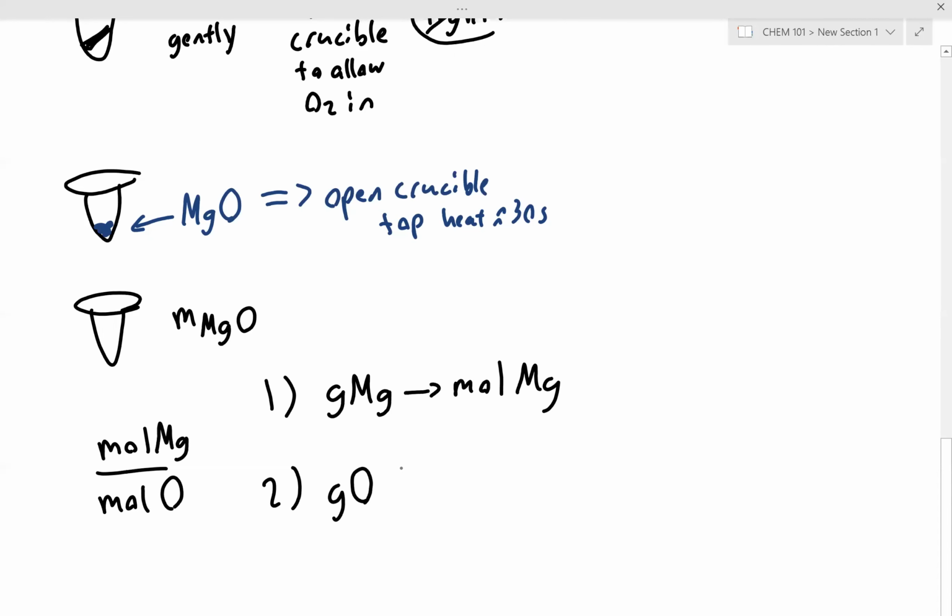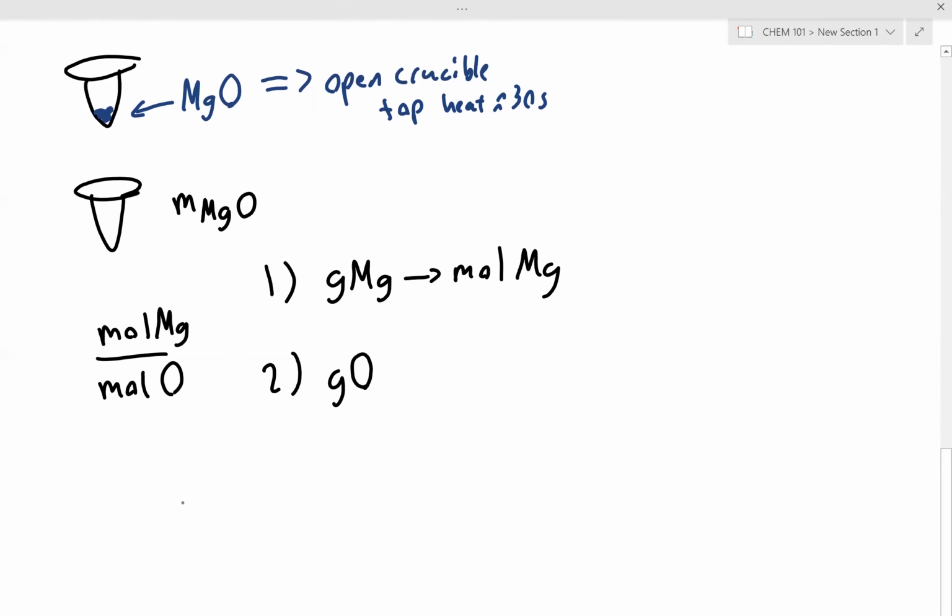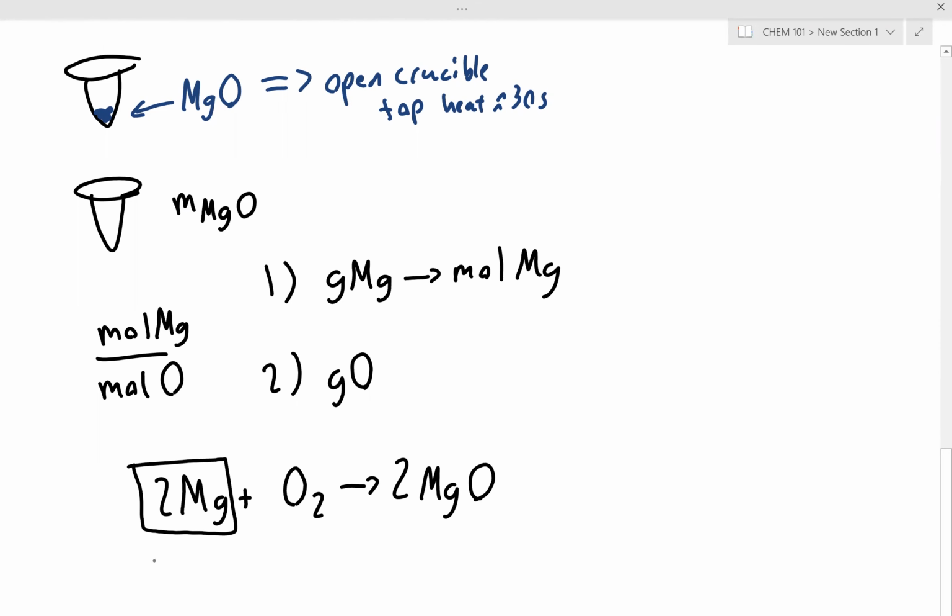And it's important now that we draw a picture. So we have magnesium reacting with oxygen to give us magnesium oxide. So if we know this mass of magnesium, and we know the mass of the magnesium oxide, would we expect our mass to increase?